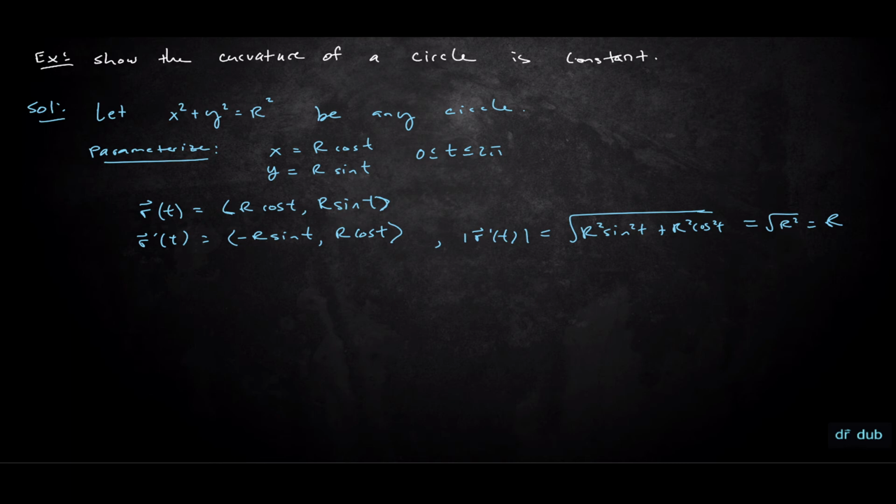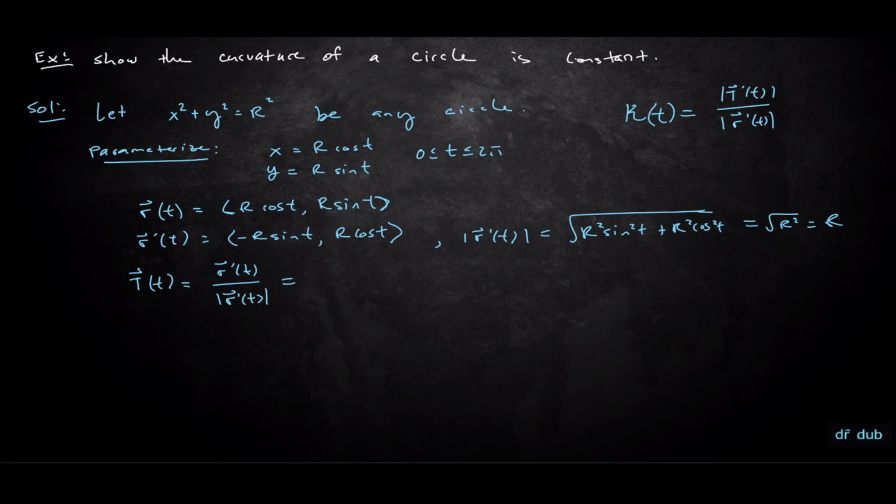So that's going to be our denominator when we're doing the curvature. Let's remind ourselves of what the curvature formula is. Kappa of t is going to be the magnitude of capital T prime over the magnitude of r prime. So we already have the denominator there. What is capital T though? Capital T, the unit tangent vector, is r prime over the magnitude of r prime.